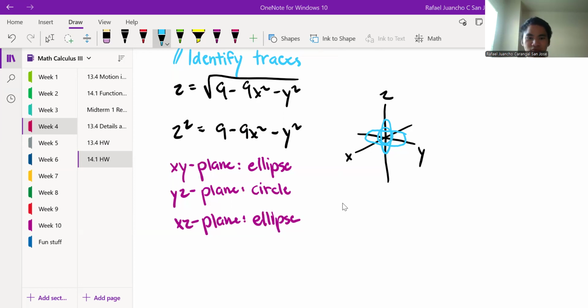So if I were to graph it, oh my God, everything looks identical. What's the difference? Oh my goodness, I don't see a difference.